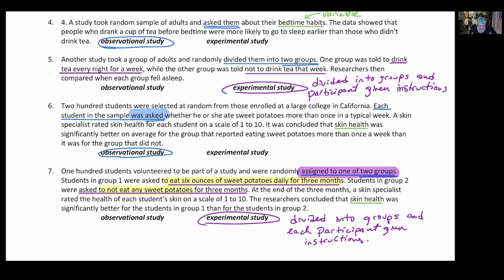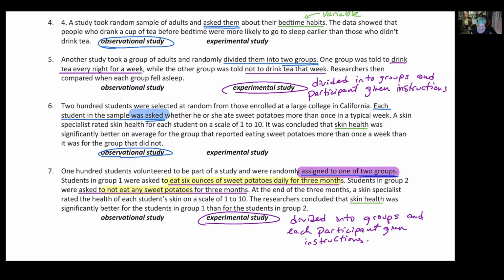Both were looking at skin health, so both of them were observing skin health, but one was observing that after asking people, and one was actually having people do something, assigning them to groups. Then let's talk about, if there's no questions on that, and if you're too shy to ask questions, remember I'll be sticking around after class and you can ask me then.